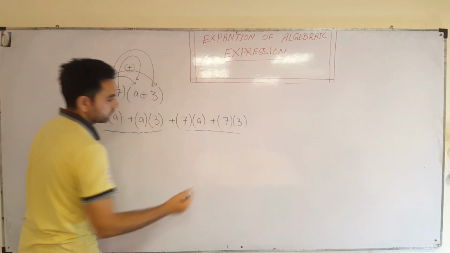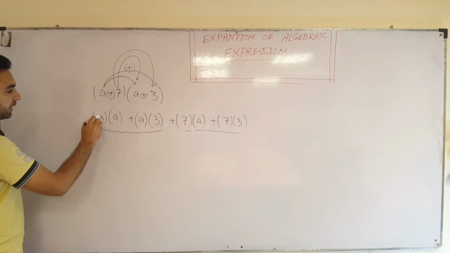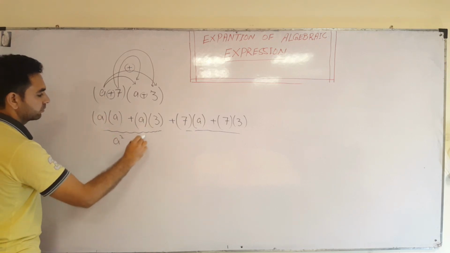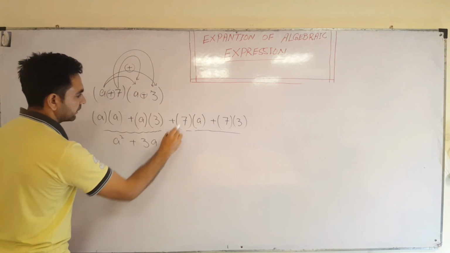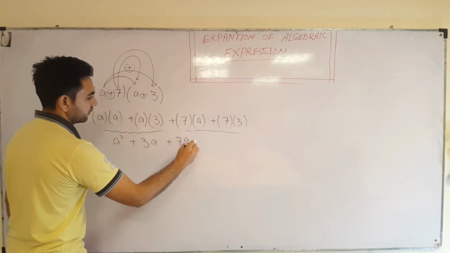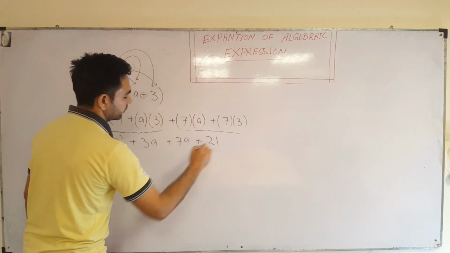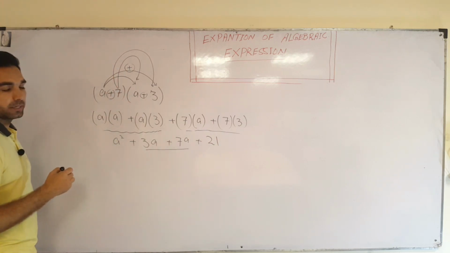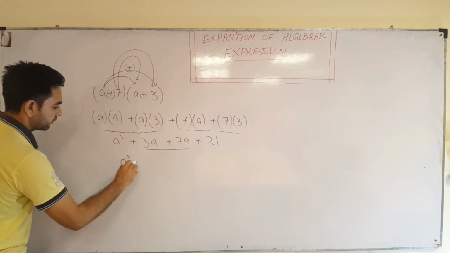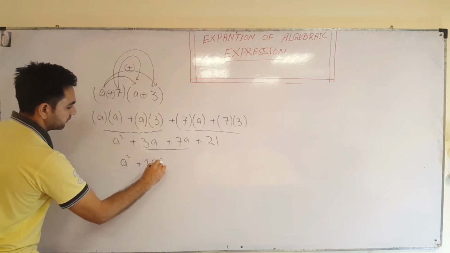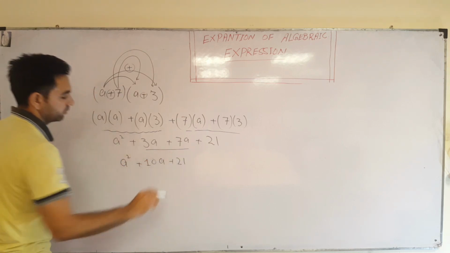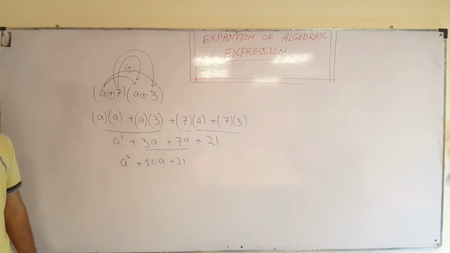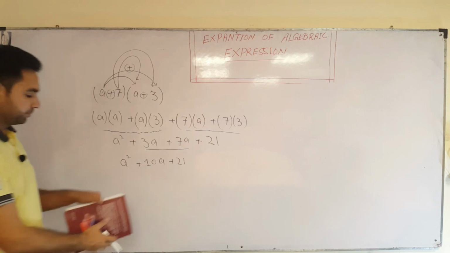So we're done with the second part. Now you multiply a again, the power rule. So that would be a square, that would be 3a, plus that would be 7a, and that would be 21. So 7a and 3a gives you 10a. So we have a square plus 10a plus 21, which is the expansion of this expression, right?